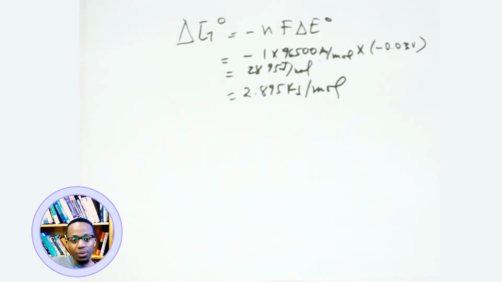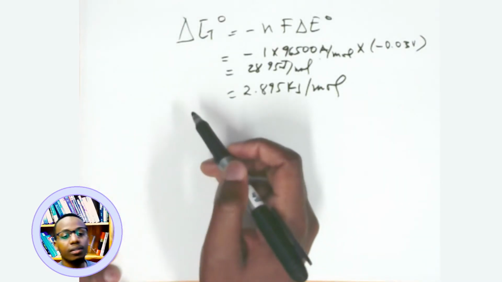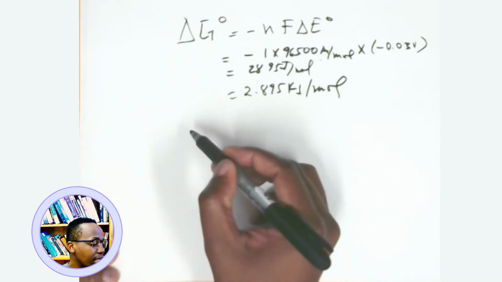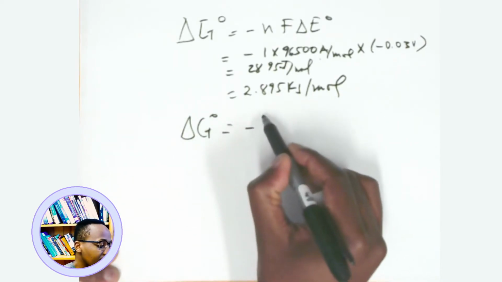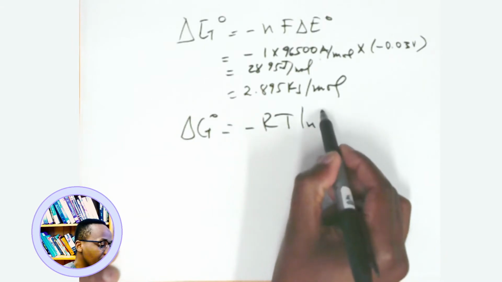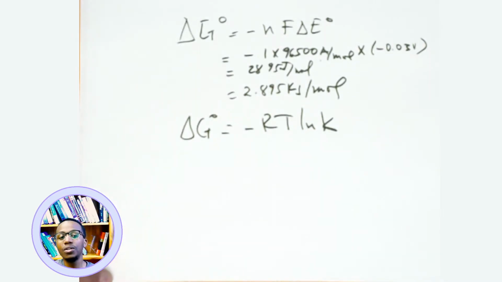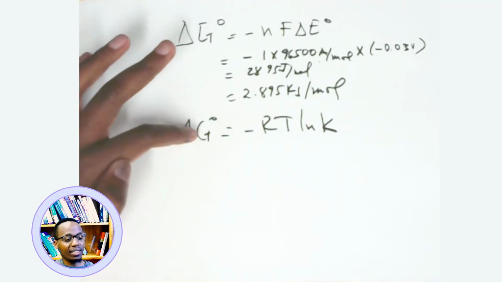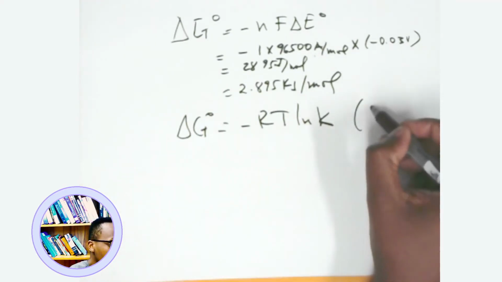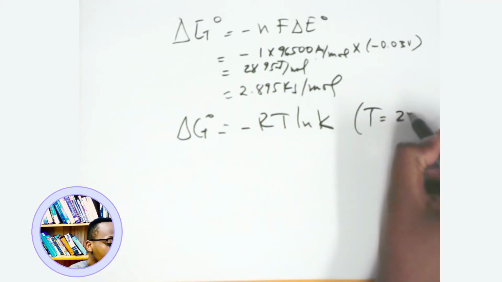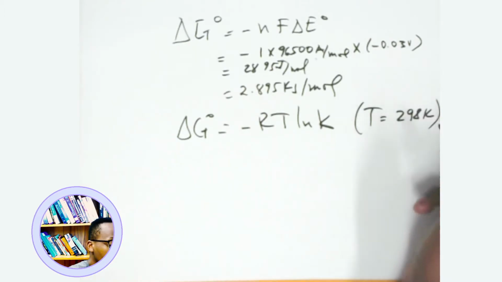You'd be able to do it because remember the equation we've seen earlier in the chapter, where delta G naught is equal to negative RT ln of K. So if you got delta G and I gave you the temperature, you can get K. Let's say this is room temperature in Kelvin.